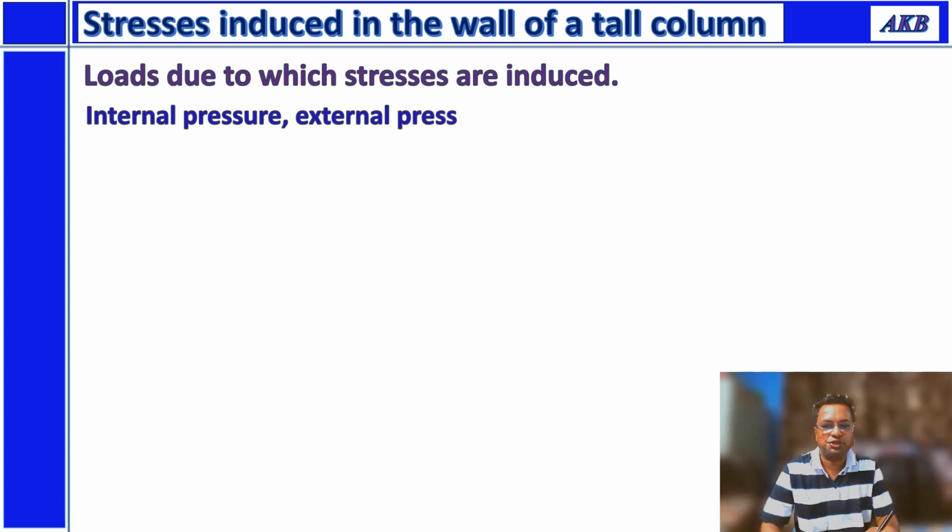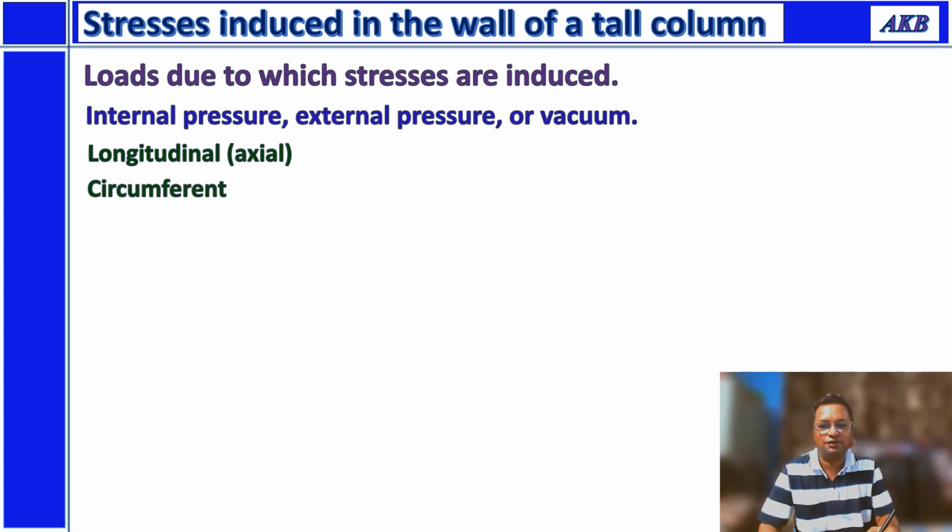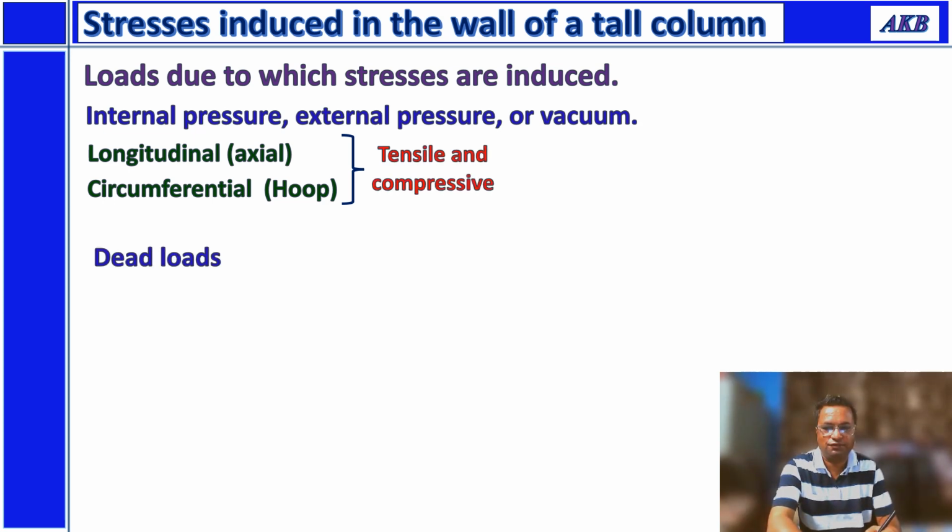So internal pressure, external pressure or vacuum, these are going to induce longitudinal and circumferential stresses. I have already discussed this in part 2. The nature of these stresses will be tensile and compressive.